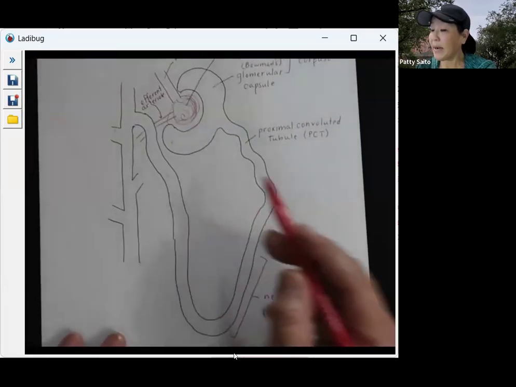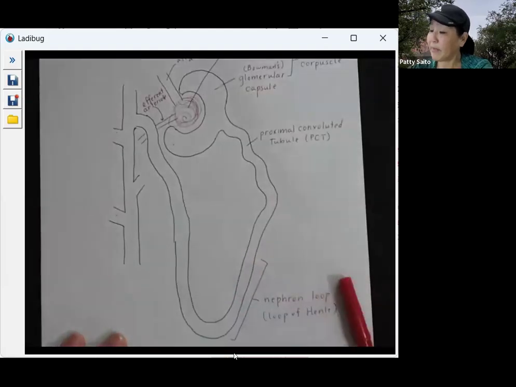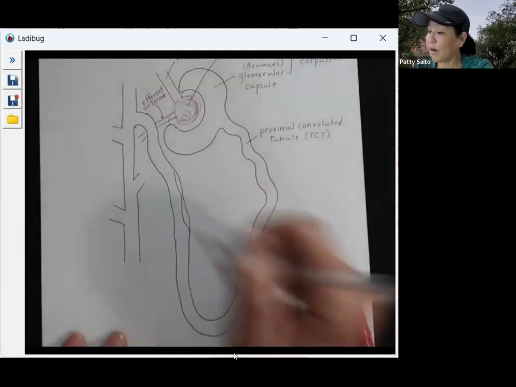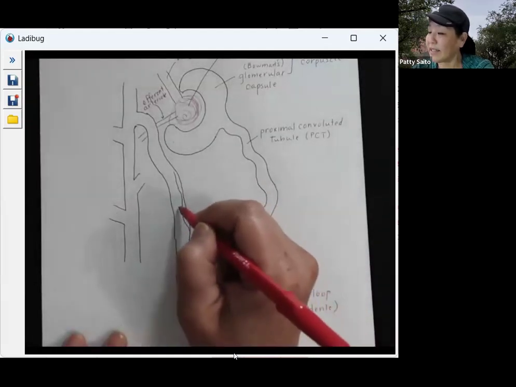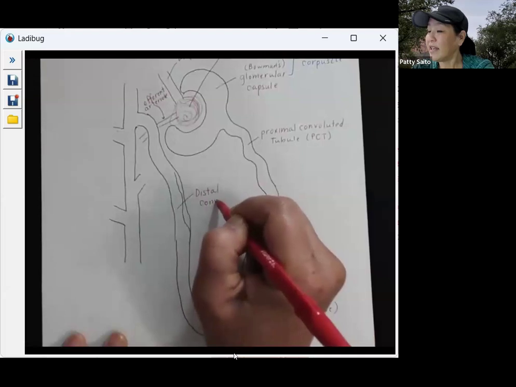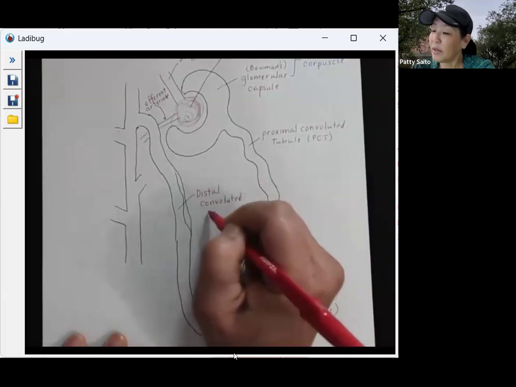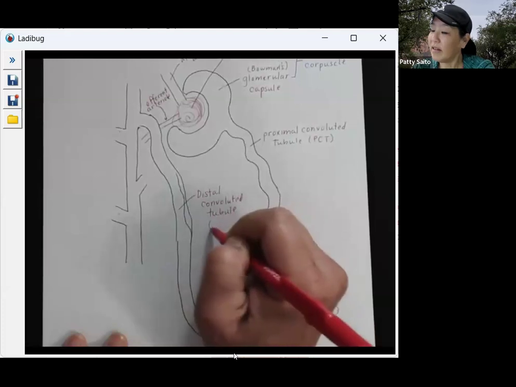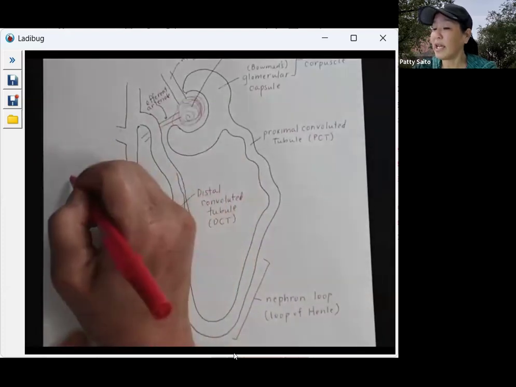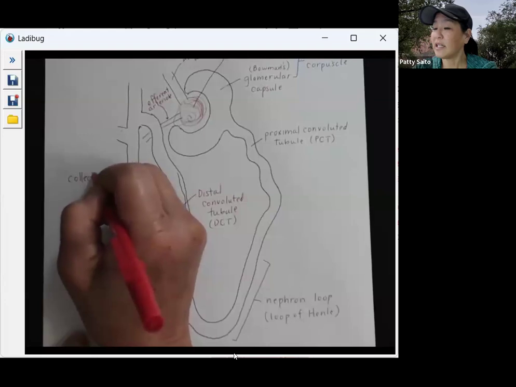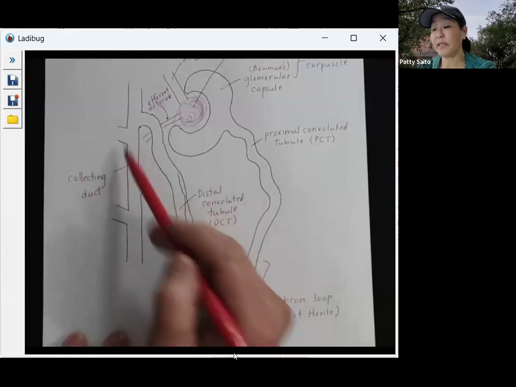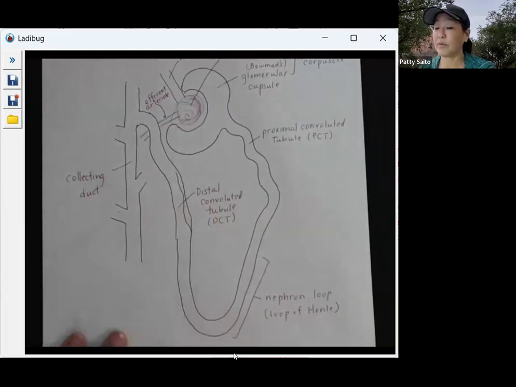It will pass back up and then through another tubule called the distal convoluted tubule, where it will connect to the collecting ducts, which collect the urine from different nephrons. And then it will transport it down.